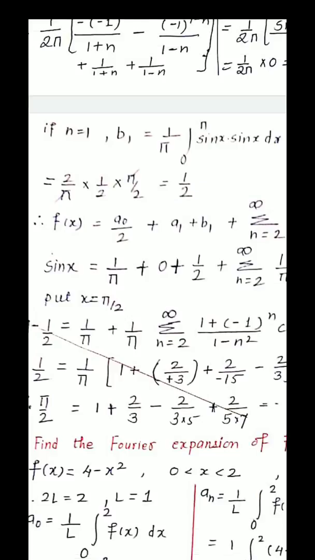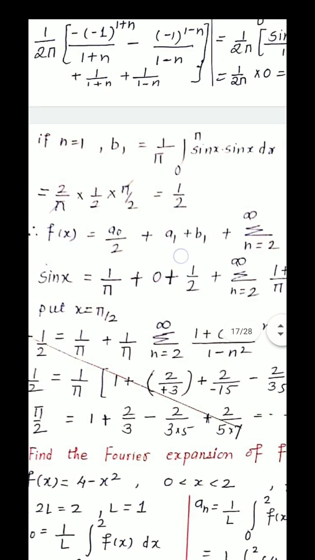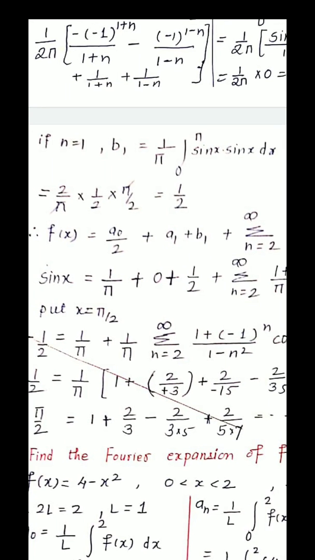Now we have to write the Fourier series of the given function. So in this problem we have already found a1, b1, a0, an and bn. So we have to expand that series for n equal to 1. So how do we write the Fourier series? The formula is f of x is equal to a0 by 2 plus summation of n varies from 1 to infinity an cos n pi x by l plus bn sin n pi x by l.